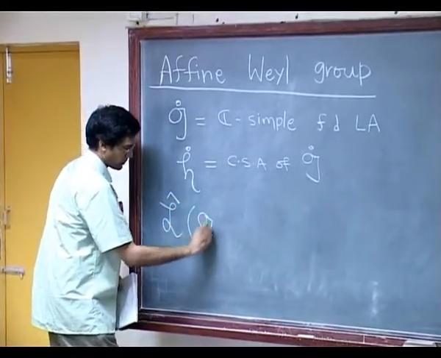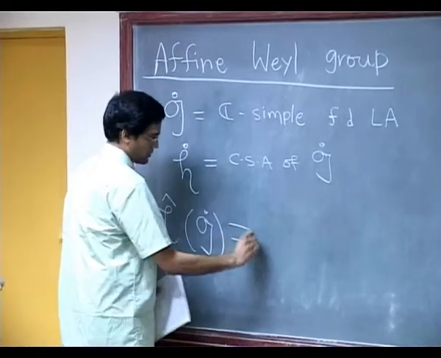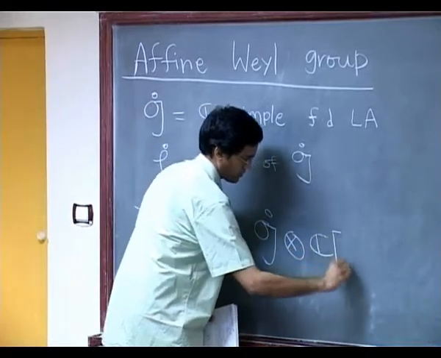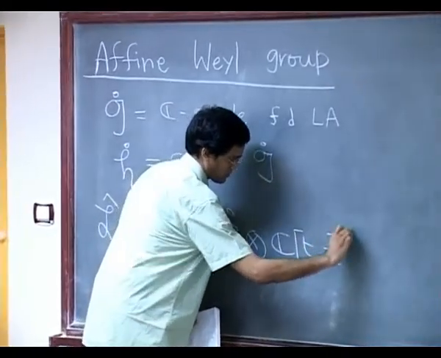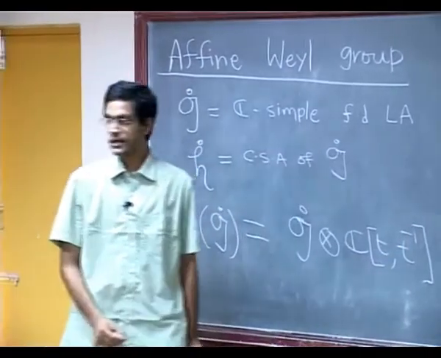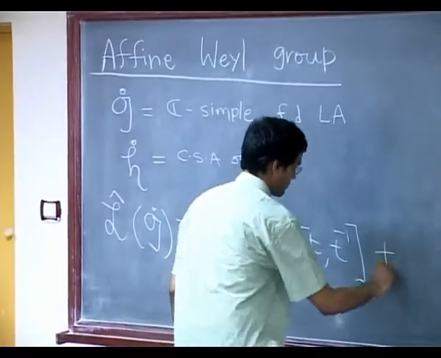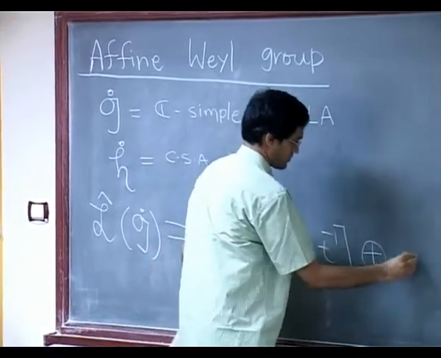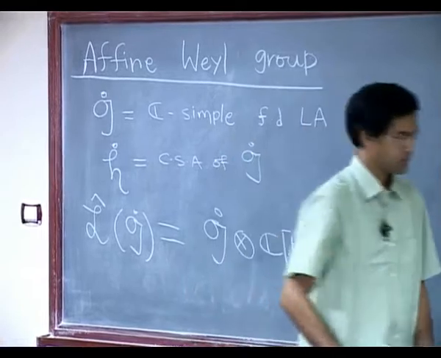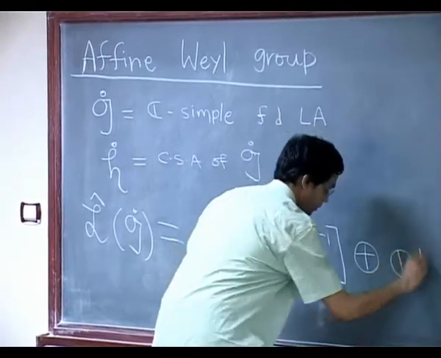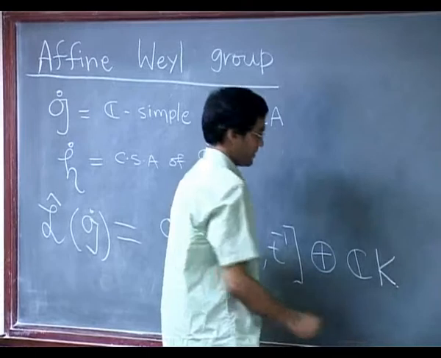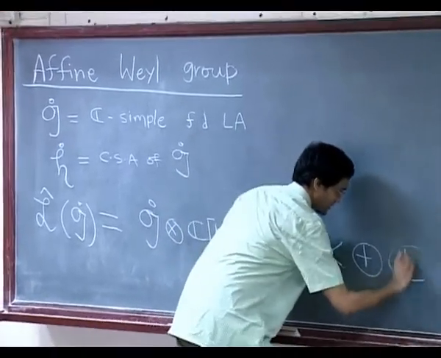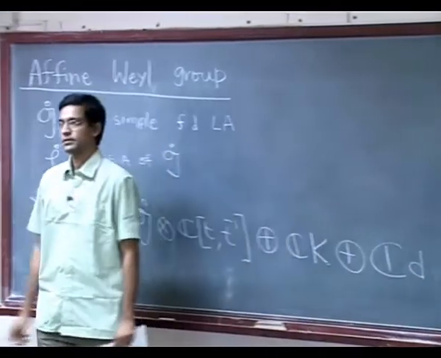It will be first obtained by forming this Lie algebra, then performing a central extension, then adjoining a further degree derivation.